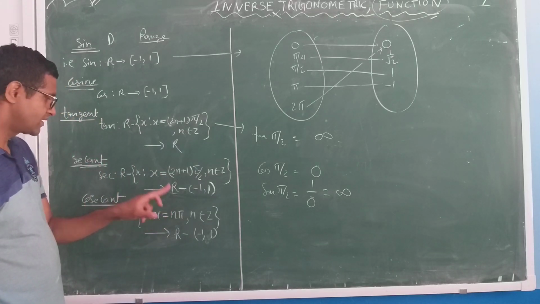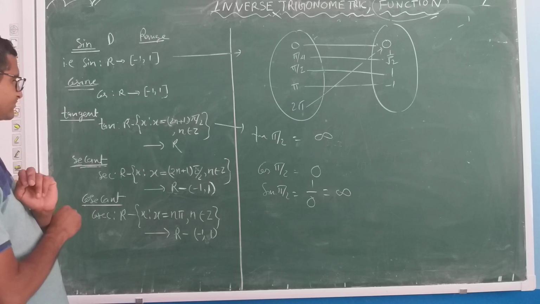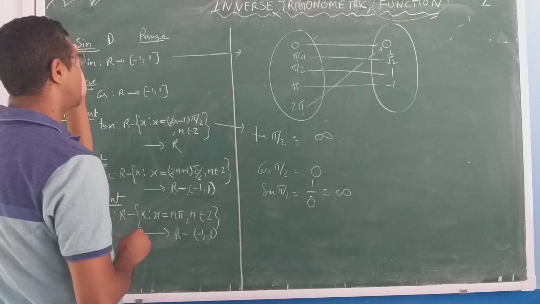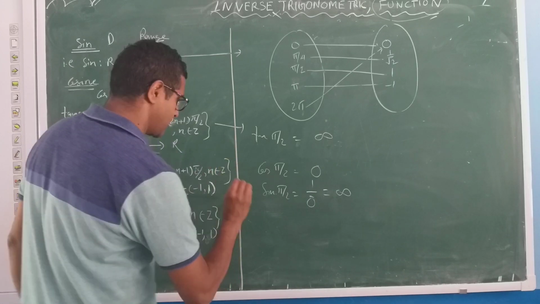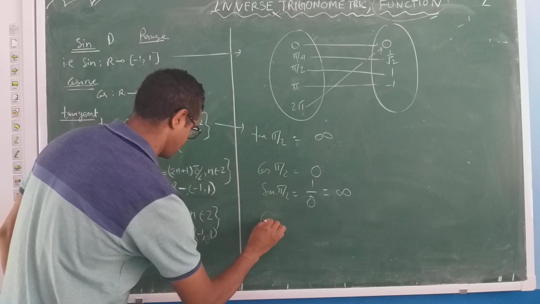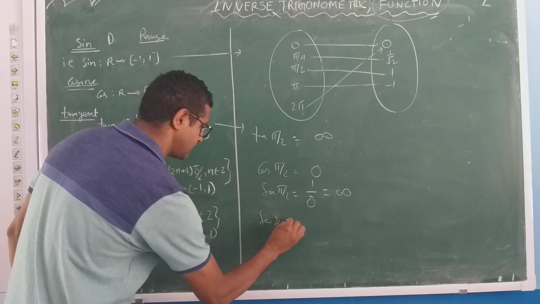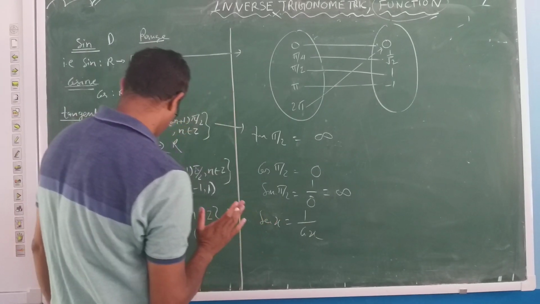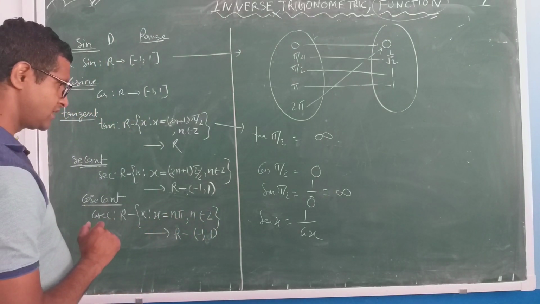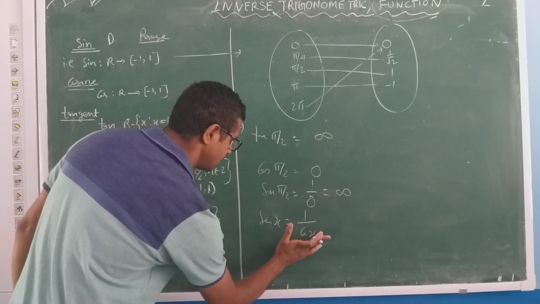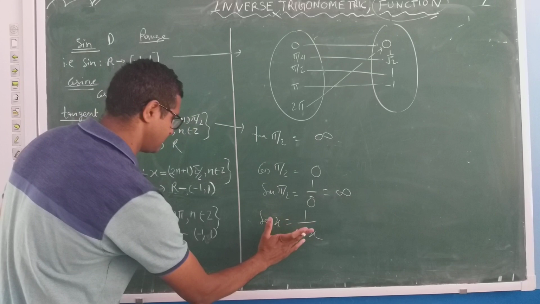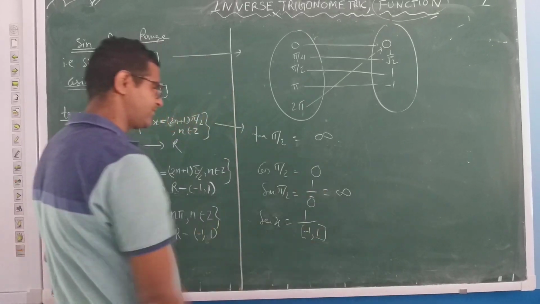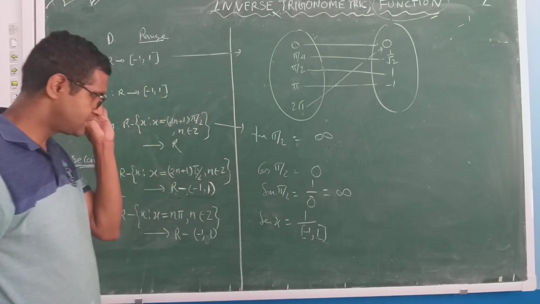Why is it so? My dear student, for the codomain and range, since sec x equals 1 upon cos x, if the value of cos x lies between -1 and 1, including -1 and 1, you will observe what you get.